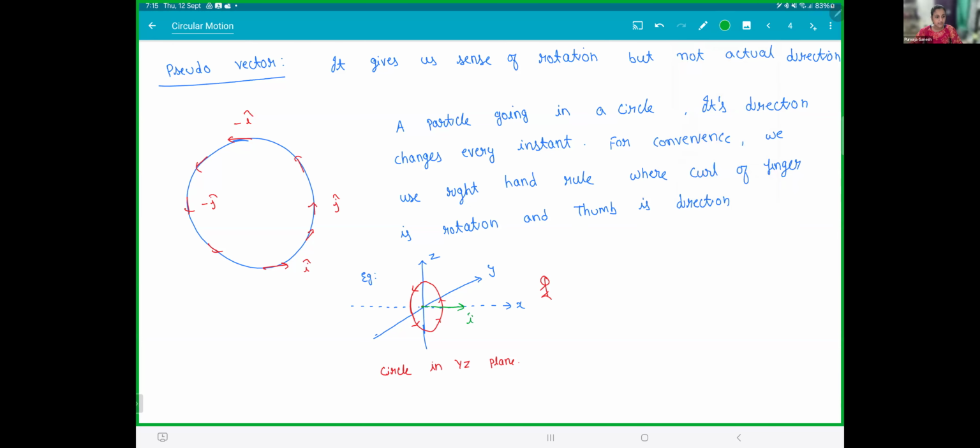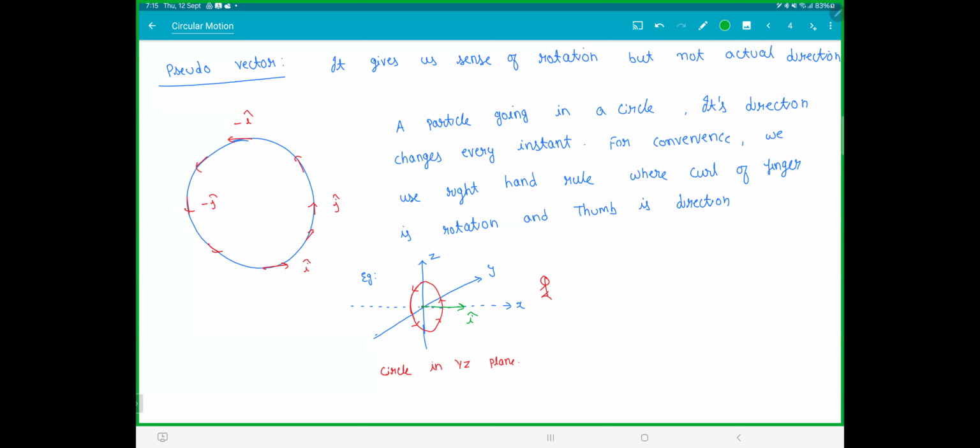Sir, but the circle is not actually moving forward, right? The circle is not going forward. But it's just a way to represent it. Yes, for clockwise or anti-clockwise, that is the direction. Sir, no one is going in the direction of the axis. Is this clear, everyone? So for this circle, what direction will I say?